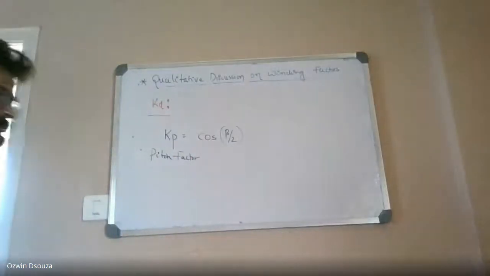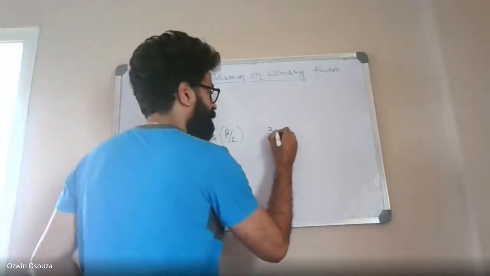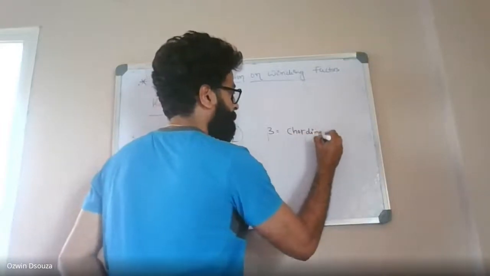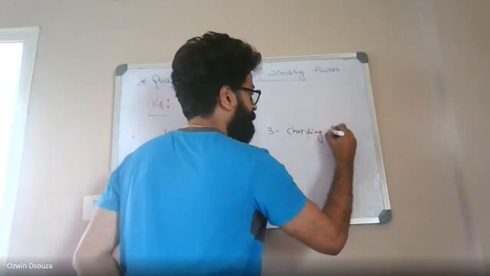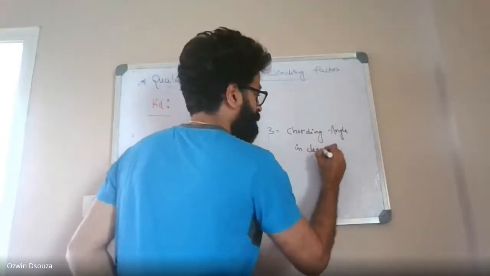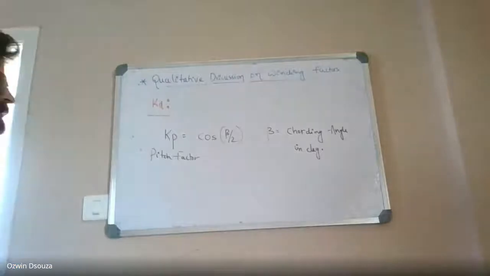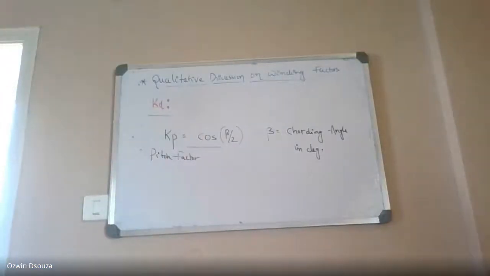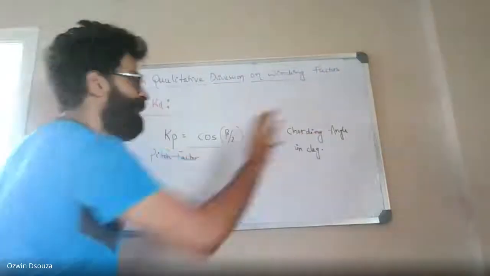Kp is equal to cos of beta by 2, where beta is equal to the chording angle in degrees.